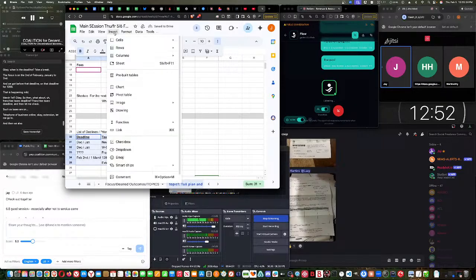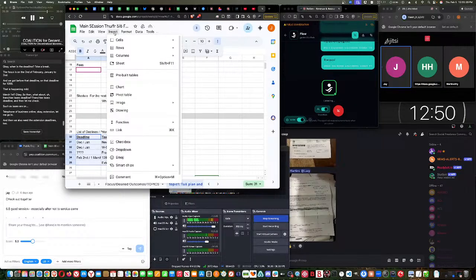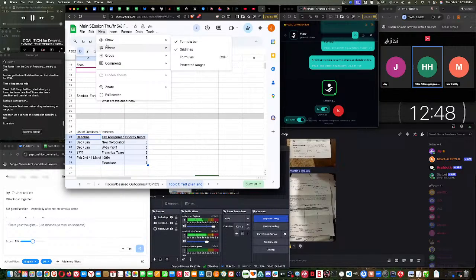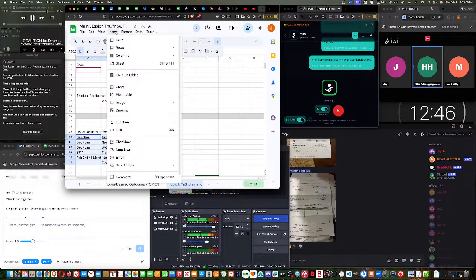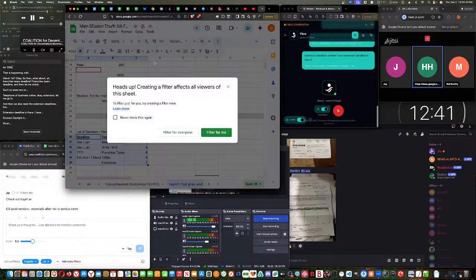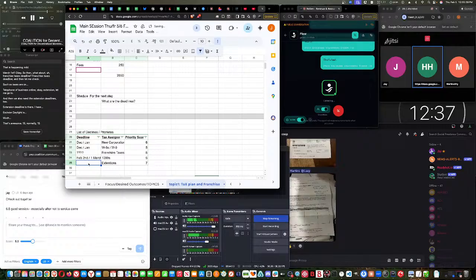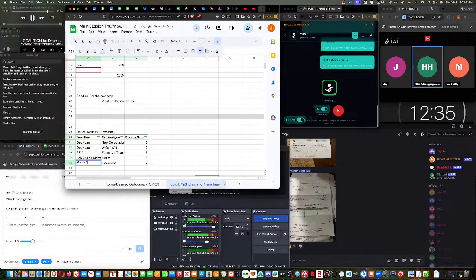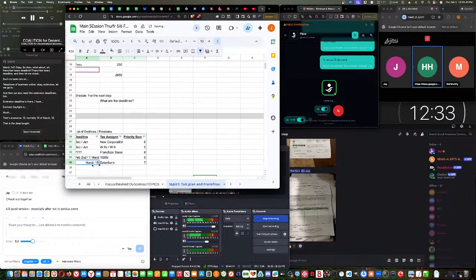And then we also need the extension deadlines too. Extension deadline is there. I have it. Extension deadline is March 15. That is the deadline. 15 of March.